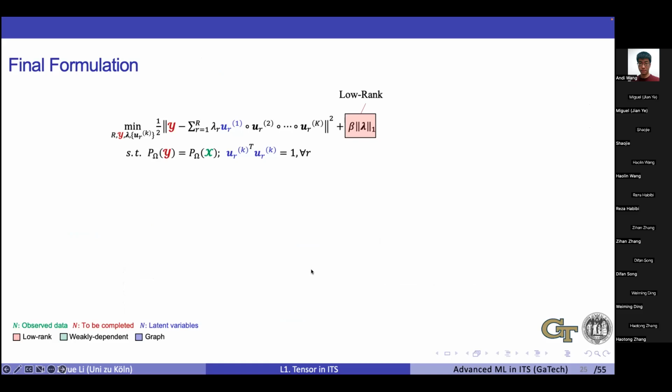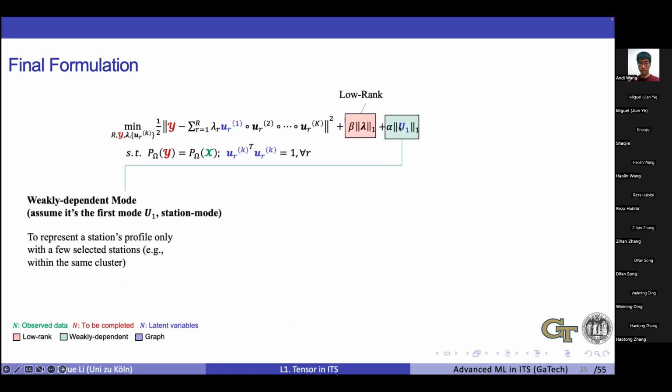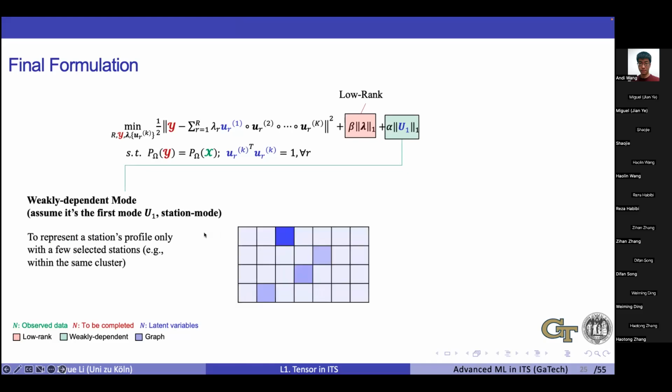So now this is our final formulation. Based on the low rank decomposition, we first want to achieve the weak dependency, where U1 here is the U station, basically the station mode. So instead of all stations being correlated and related, we encourage each station to be only correlated with the highly related stations, which means the graph neighbors, for example.